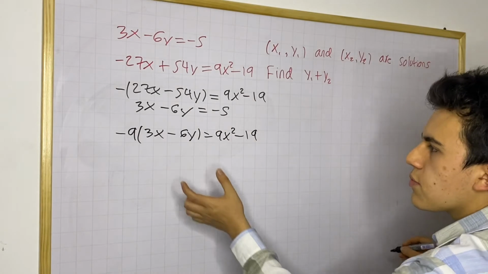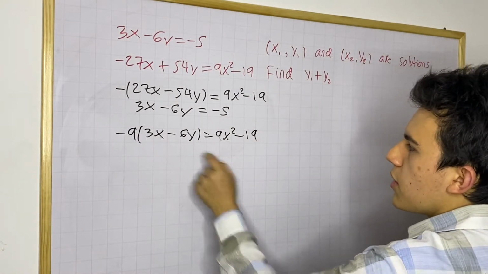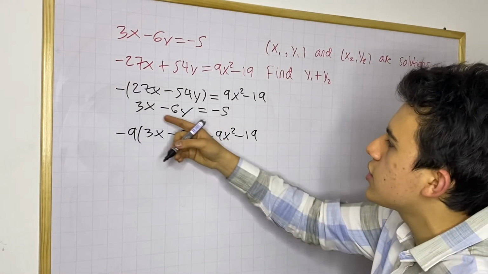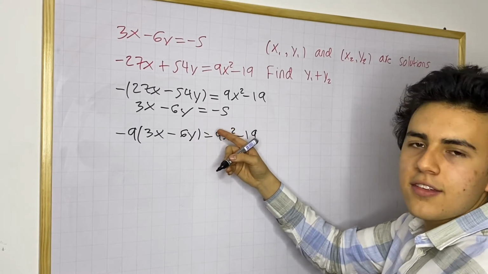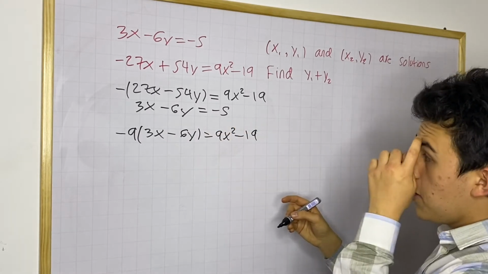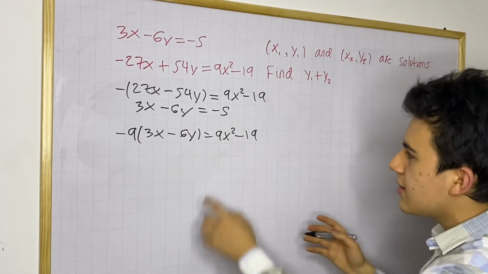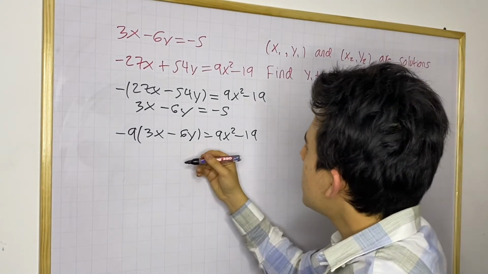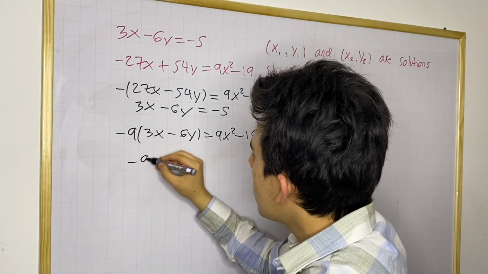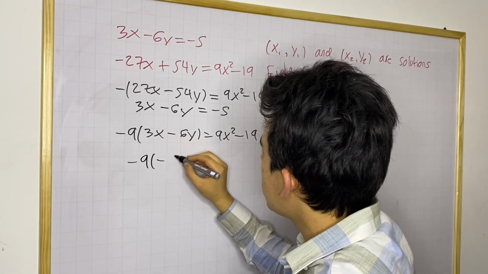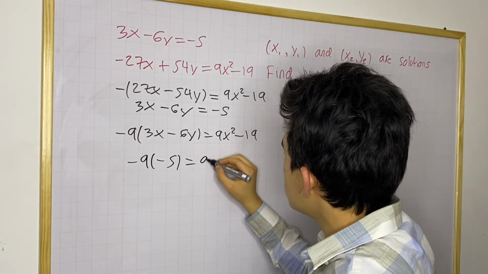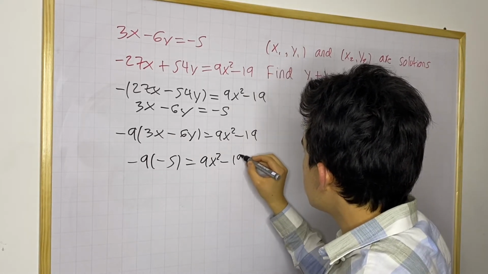Now you can see this is pretty cool. We have 3x minus 6y, and we know how much 3x minus 6y is. That is simply -5. So we can plug that value in there, and then we can solve for x. So let's see what we get. We're going to have -9 times -5, and this is equal to 9x squared minus 19.